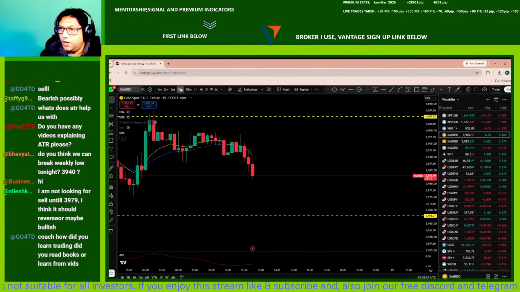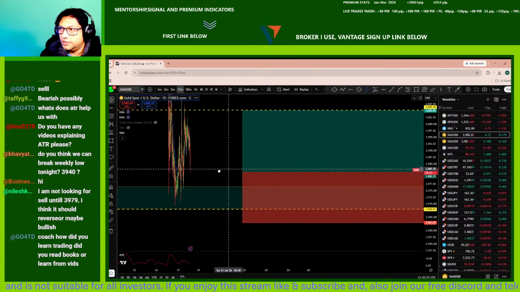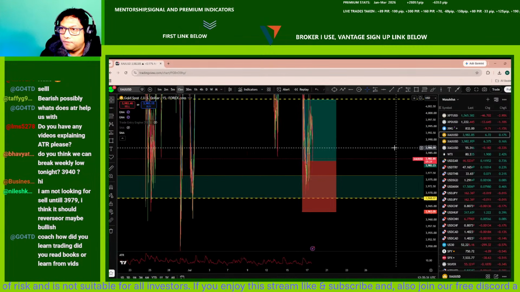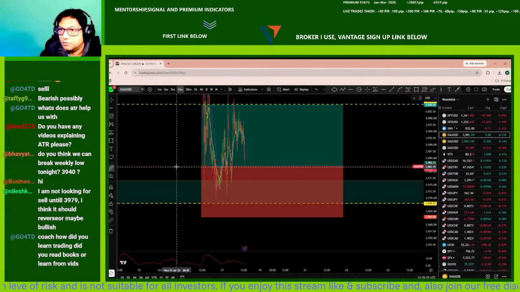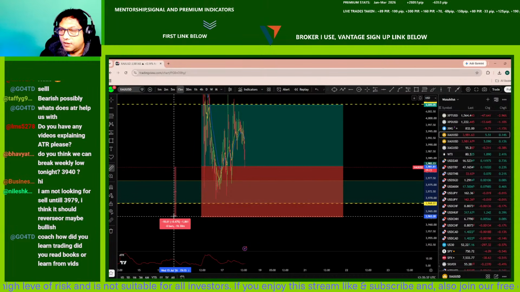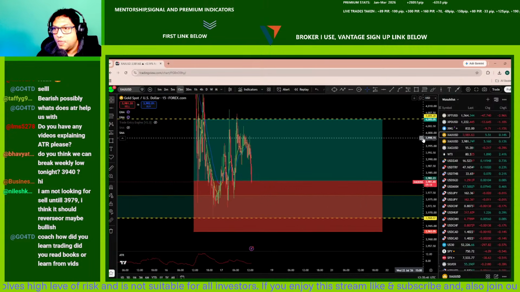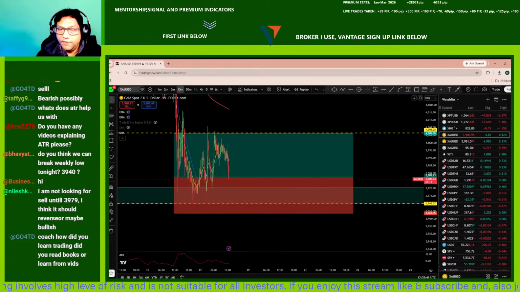So I will be opening a buy here at this level, with the stop loss below this low here, which is about a 188 pip stop loss, and we can extend the profit target if the market successfully bounces off this level.